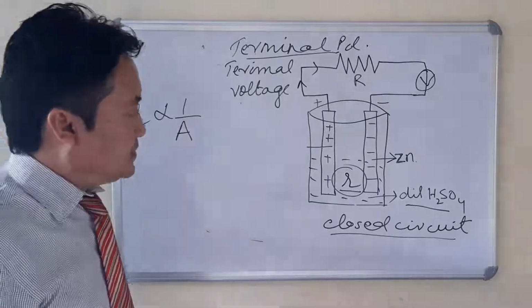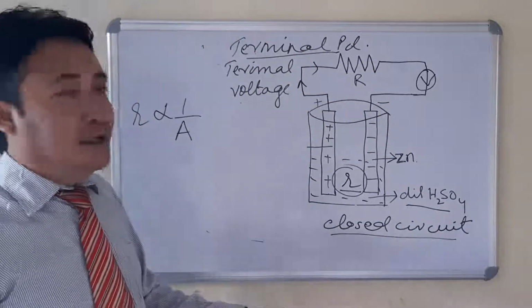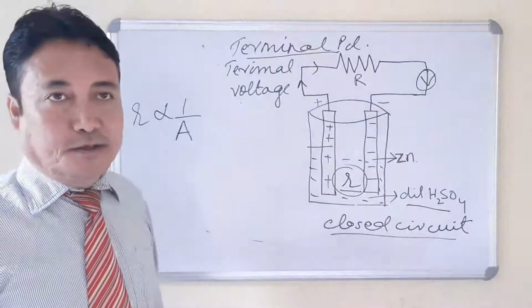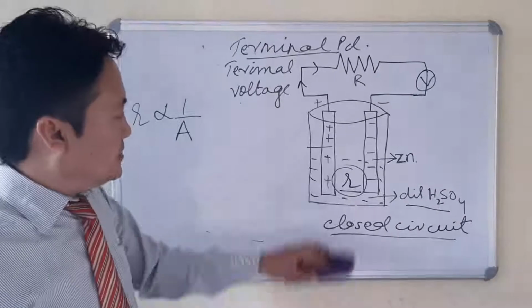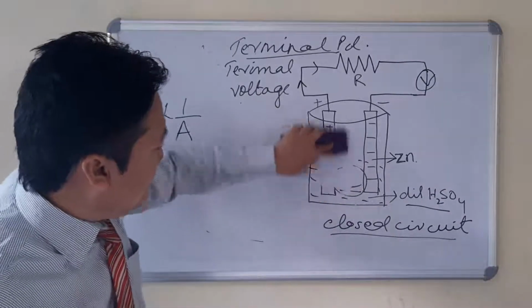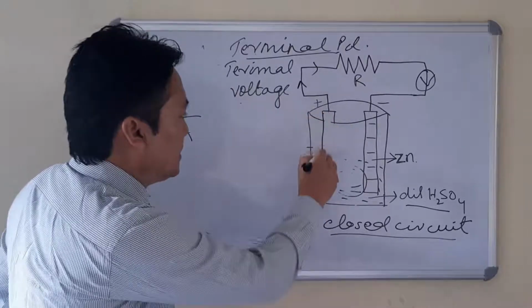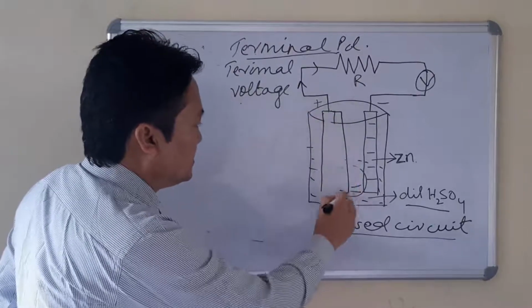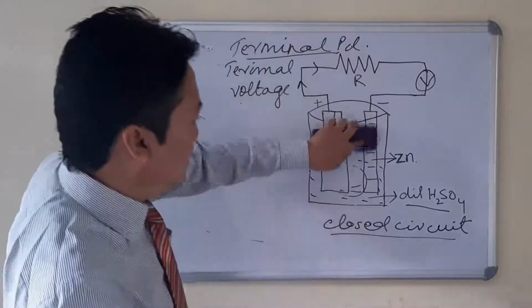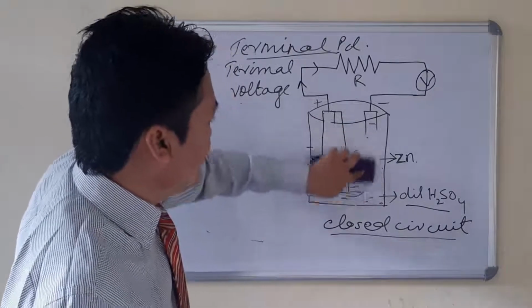So now from here, larger the area of the electrode means if I make the cross-sectional area of the electrode bigger, like this, bigger. In both the cases, I make the cross-sectional area of the electrode bigger.